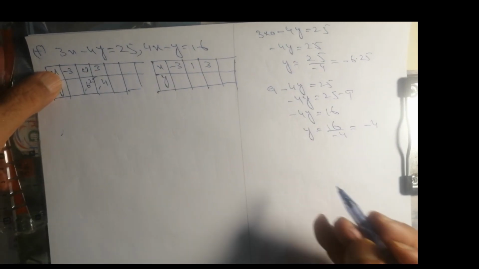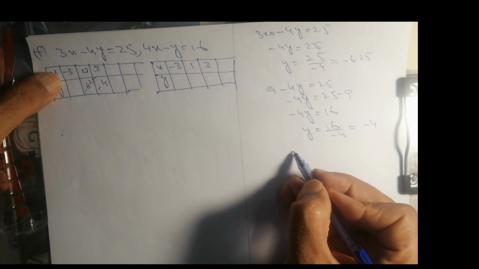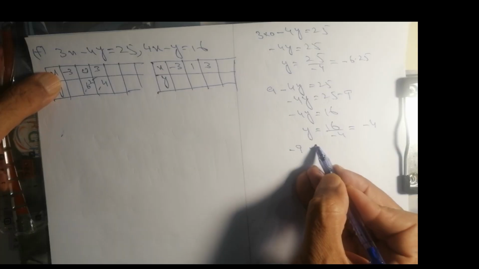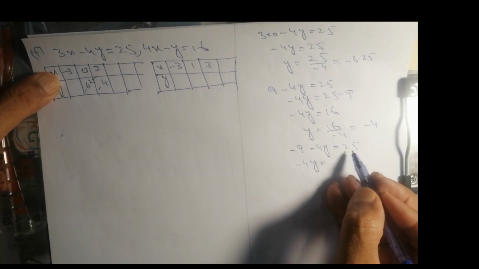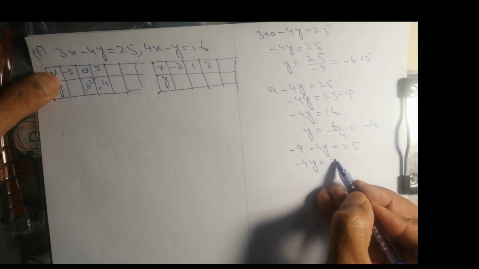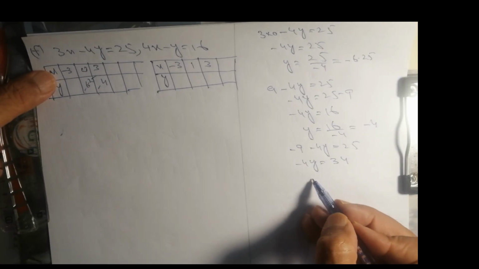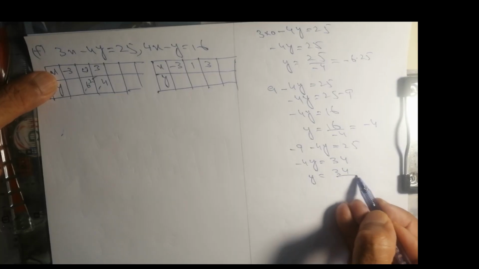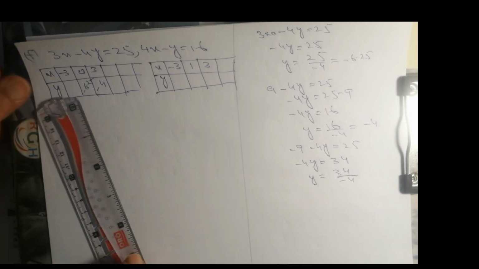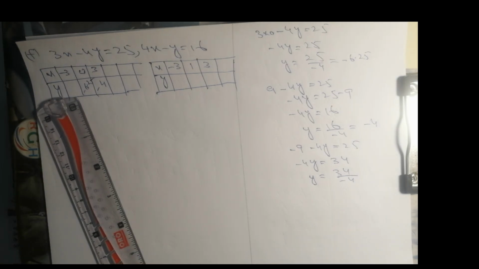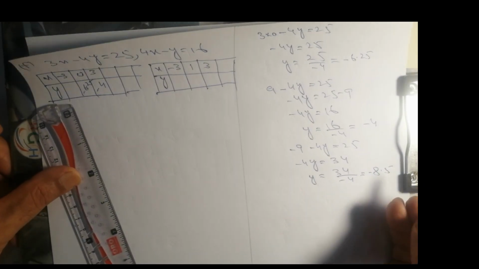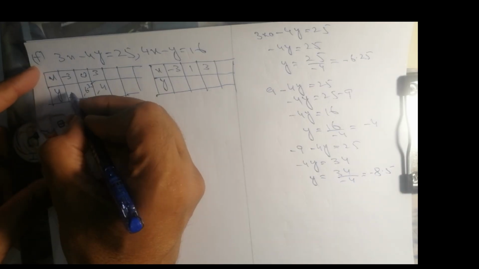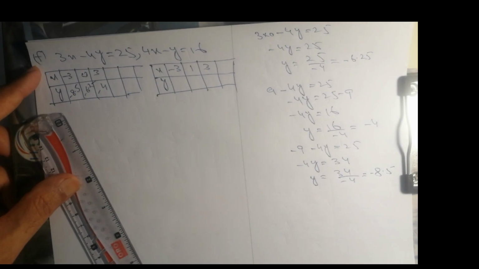And if x equal to minus 3, that means 3 into minus 3 is minus 9, minus 4y equal to 25, minus 4y equal to 25 plus 9, that is 34, and y equal to 34 over minus 4. 34 divided by 4 is equal to 8.5, so it is minus 8.5.